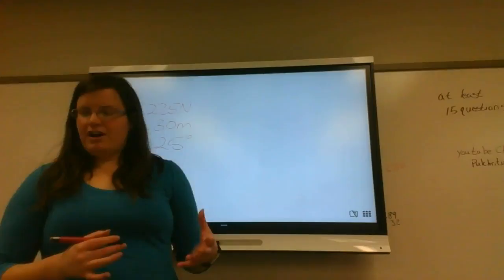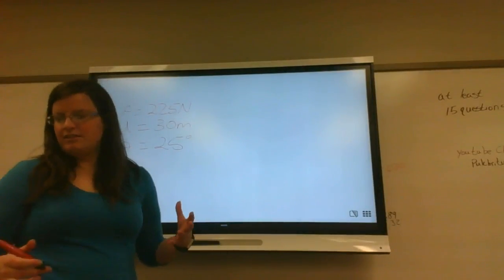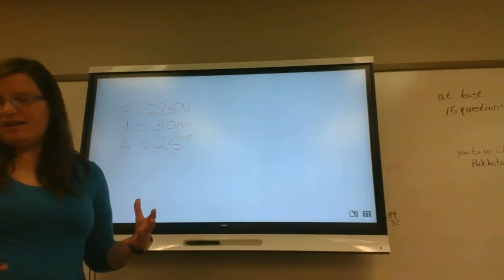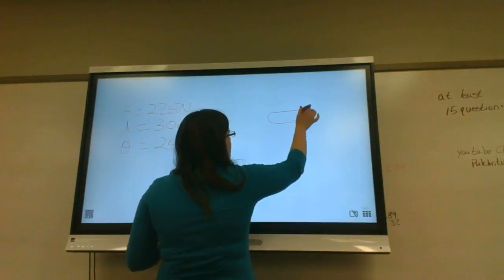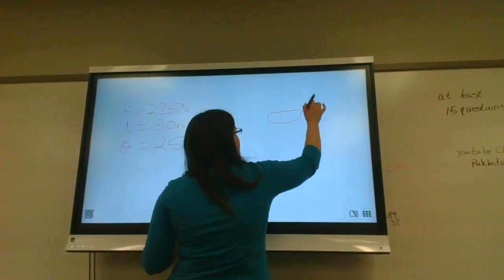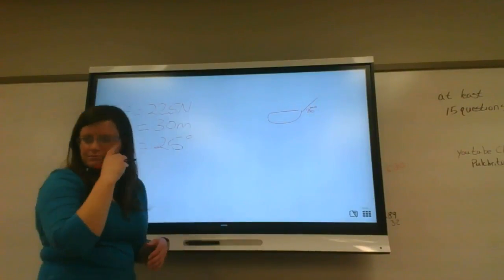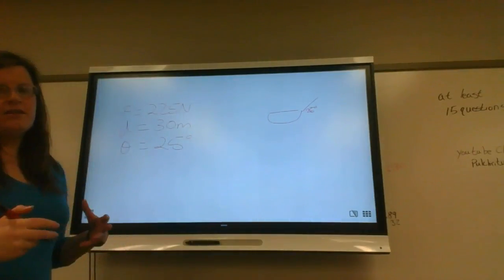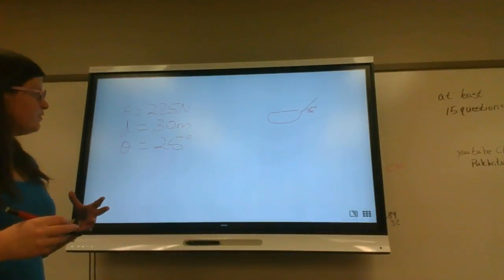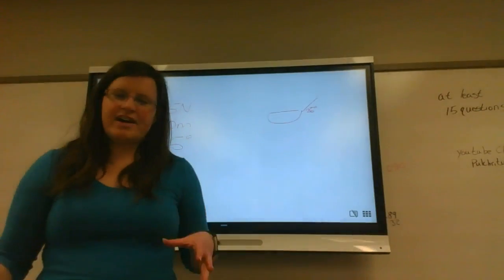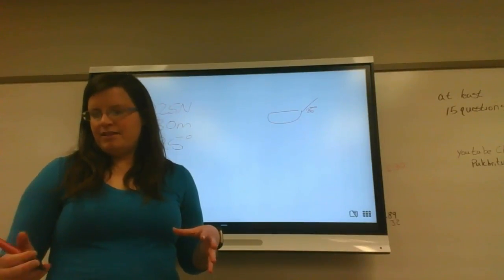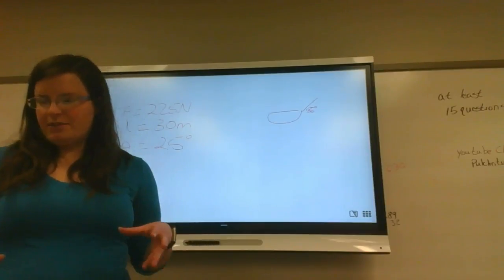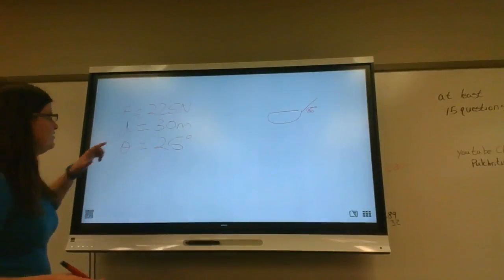So if we were to draw a picture of this, you would have a boat being pulled at a 25-degree angle. So all we have to do is factor in the distance. And the way that we do that is we are going to use these numbers.